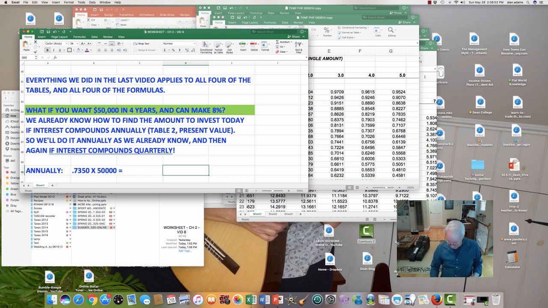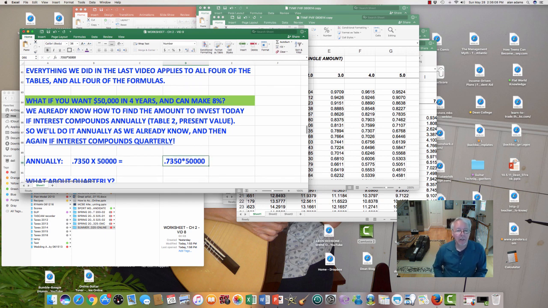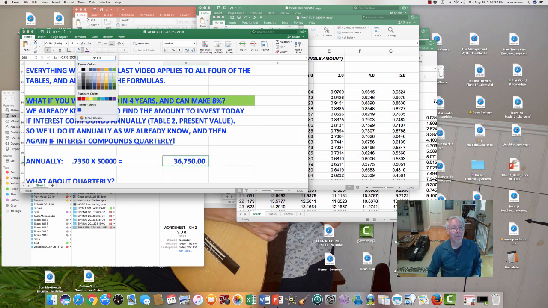So the answer to that would be 0.7350 multiplied by $50,000. And it didn't work. Hold on, 0.7350 times $50,000. Yes, I've only used this program for decades. There it is, $36,750. Okay, so to have $50,000 in 4 years at 8%, I would only need to invest $36,750 today.